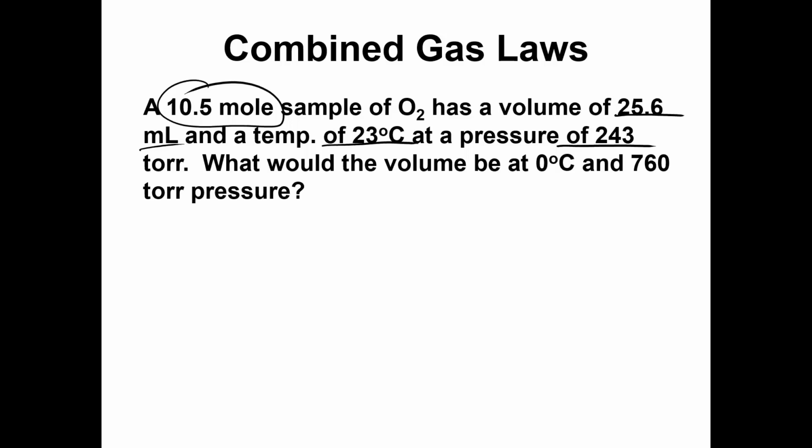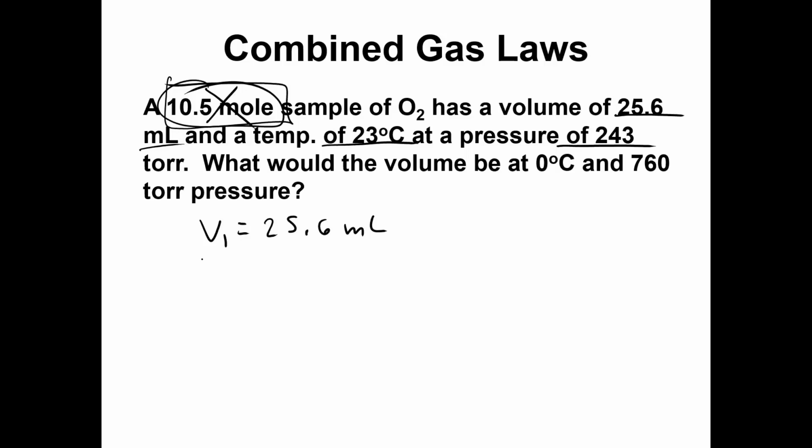Well, it doesn't make any mention that the number of moles has changed. So we are going to assume that that's not changing, and that's just there to confuse us. So we can write all our variables down. We've got oxygen gas, and that's going to be irrelevant, but we have a volume of 25.6 milliliters.